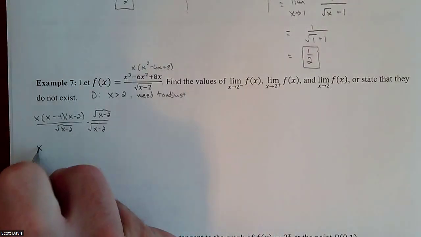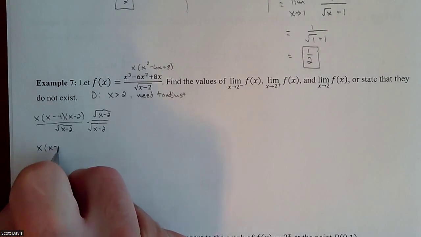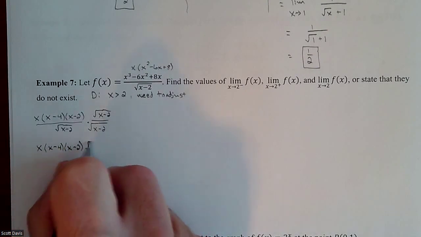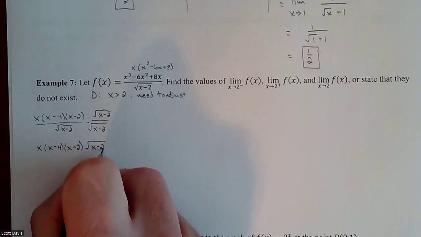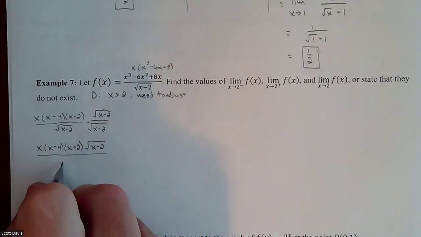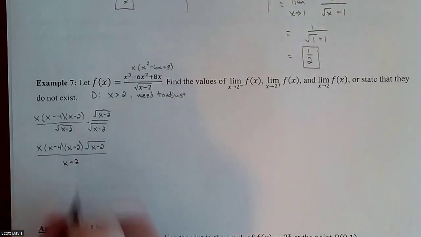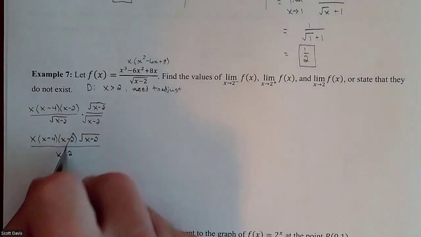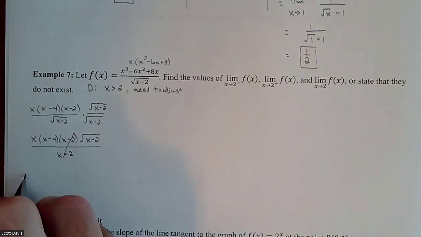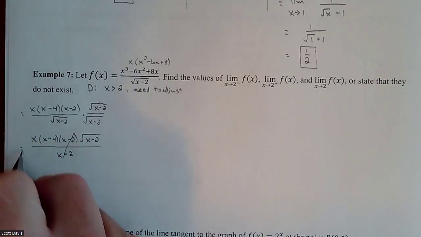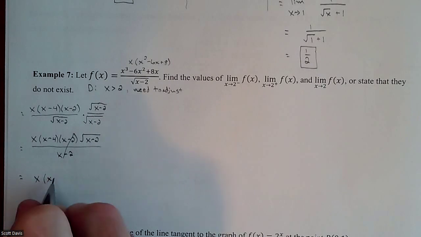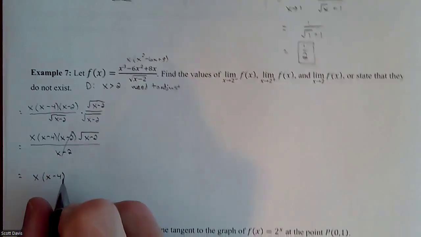And then we would be sitting with x, x minus 4, x minus 2, and then the square root of x minus 2, all over x minus 2. So this is us manipulating it a little bit, factoring, multiplying out a square root, and then this goes away. So really, we don't even have a fraction anymore, so we don't have a possibility of having a 0 in the denominator.